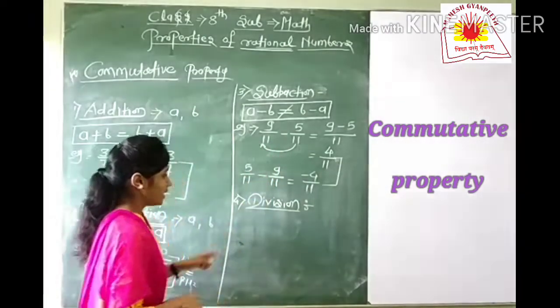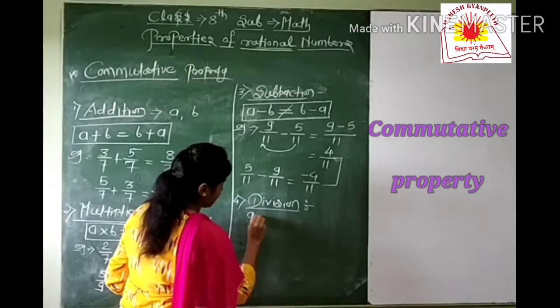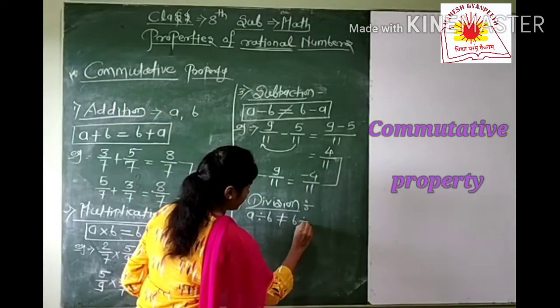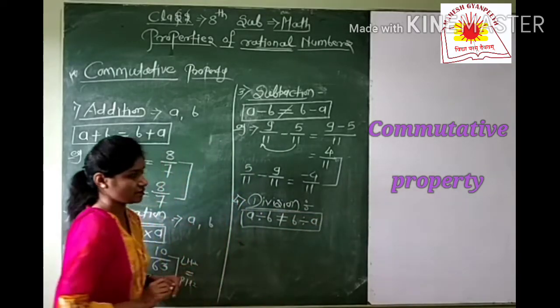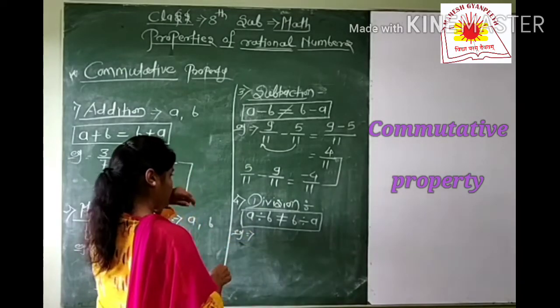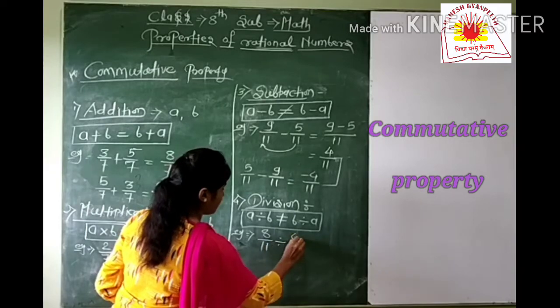Now, the last one is division. We have to check here that A divided by B does not equal B divided by A. This is the commutative property of division. Let's take an example: 8 upon 11 divided by 4 upon 5.